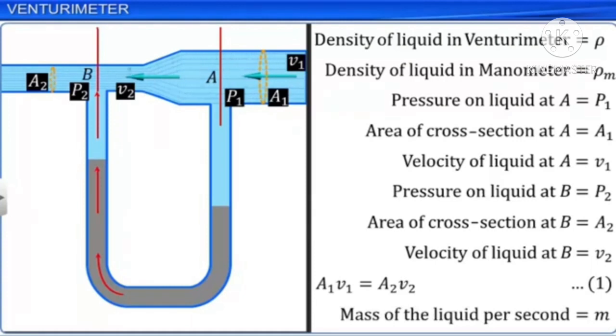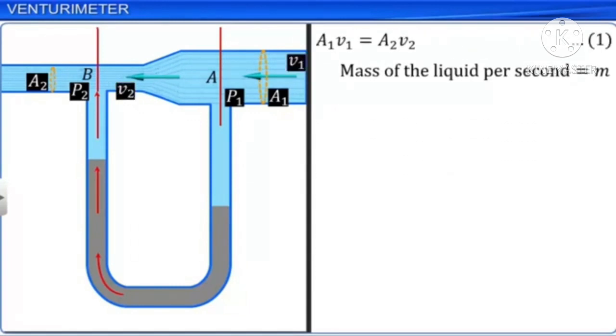Since the time considered is 1 second, here V1 and V2 are the length of the liquid element of mass m at positions A and B respectively. Therefore, A1V1 is equal to A2V2, which is equal to the volume of the liquid V flowing per second.